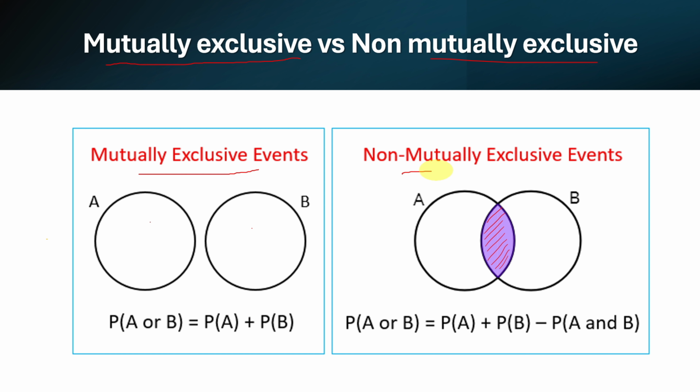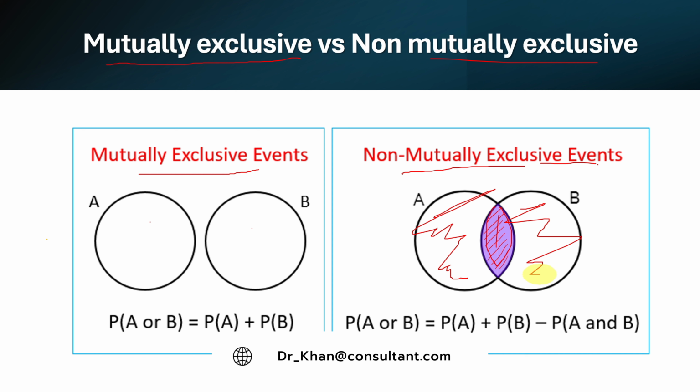Now let's discuss non-mutually exclusive events. Here, if one thing happens to the other, take one circle and another circle. This is the area of A, this is the area of B, but the area of A is also covered in this overlapping region, and the area of B is also covered in this region.